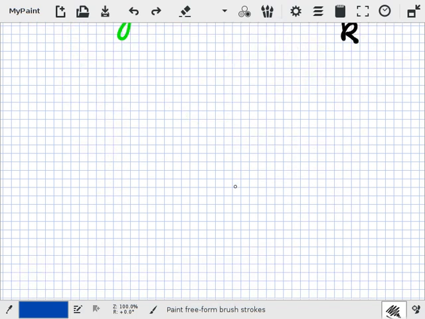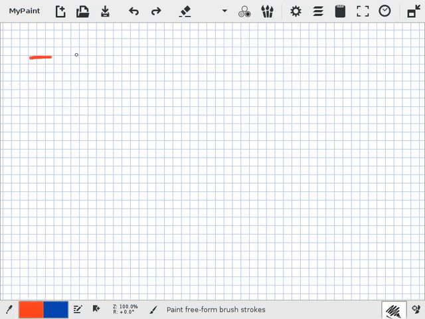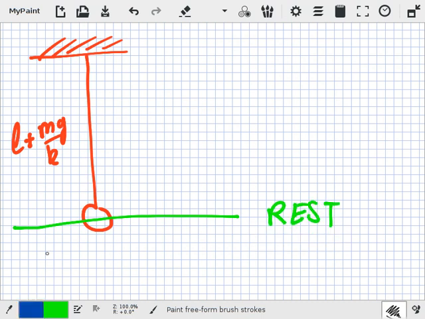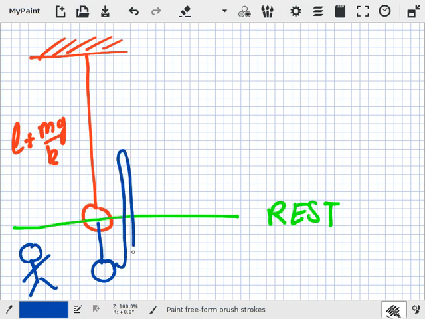So, let me just draw our picture a little bit clearer here now. This is L plus mg over K. This line here is the rest position, the equilibrium position. Then you pull it down this much, and it will start to move up and down, up and down.